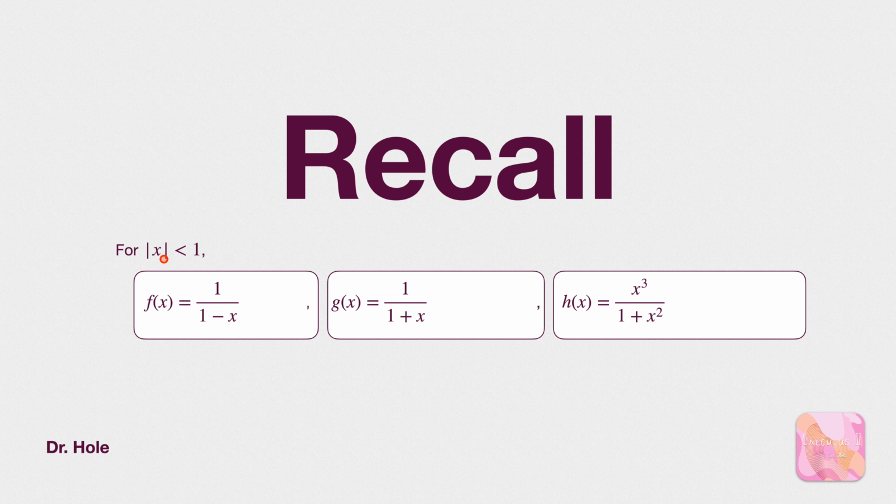And the absolute value of r needs to be strictly less than 1. So by doing a simple swap, a change of variable from r to x, we can come up with this function f, algebraically given by 1 over 1 minus x, which has a power series representation of the given form. Good.